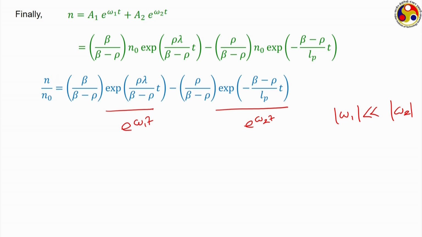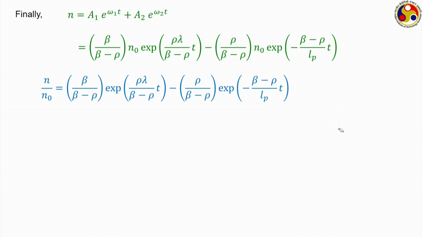Therefore, the contribution of the second quantity has to be much larger in deciding the neutron flux profile inside the reactor. At least when all the terms inside the brackets are positive, the first one will represent the growing exponential term and the second one will represent the decaying exponential term, but the role of the second one has to be much larger as omega 1 is much smaller than omega 2.